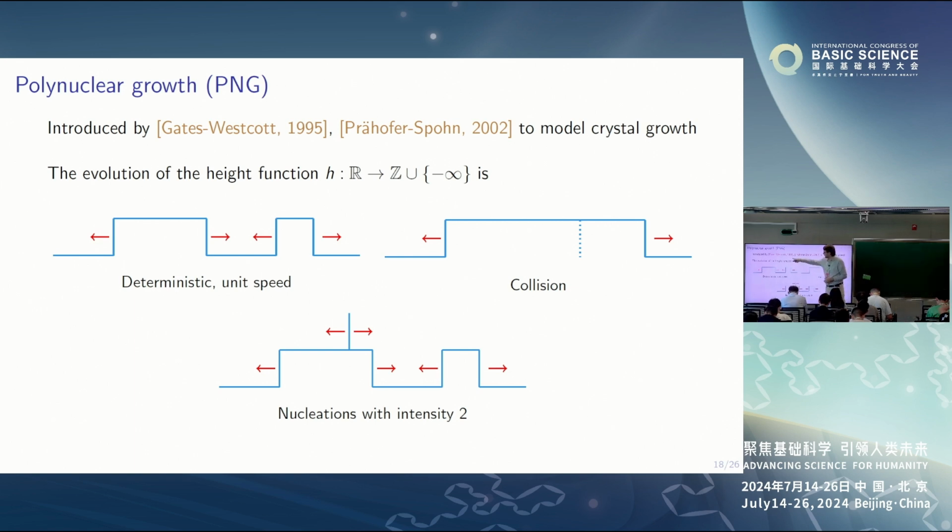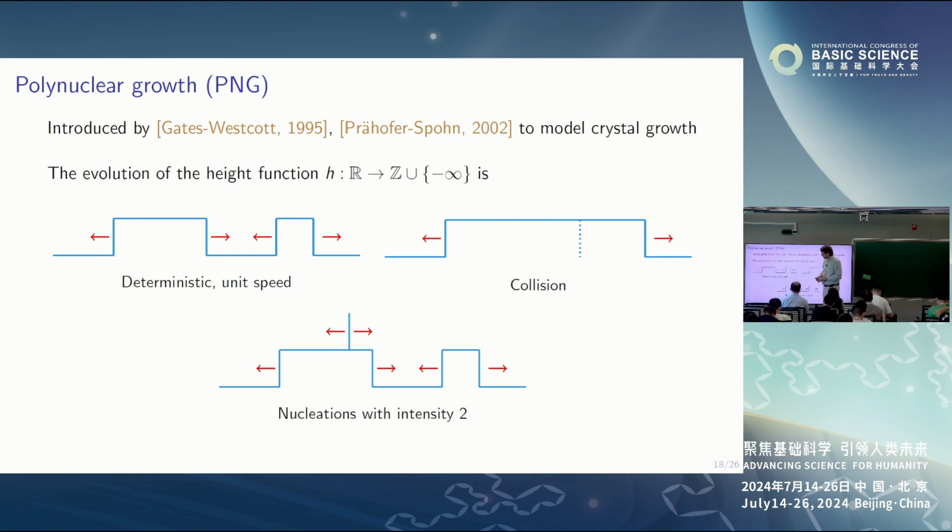I found it in the paper by Gates and Westcott in 1995. In this model, the height function depends on an integer argument, and it is allowed to take either integer values or minus infinity.